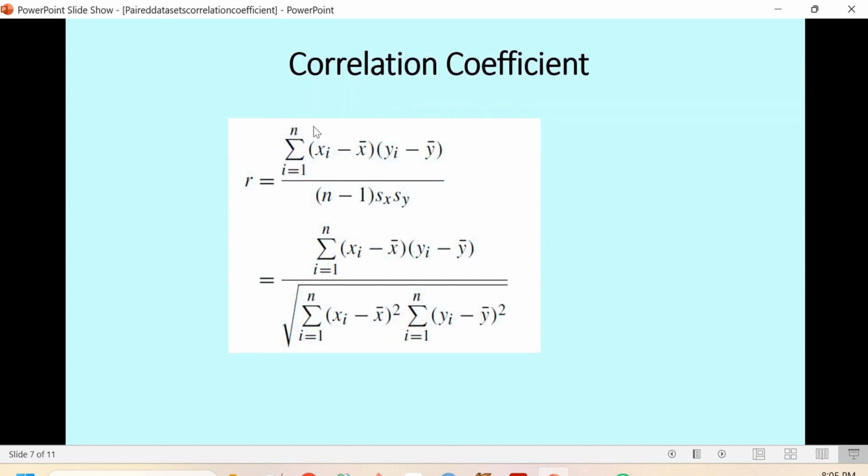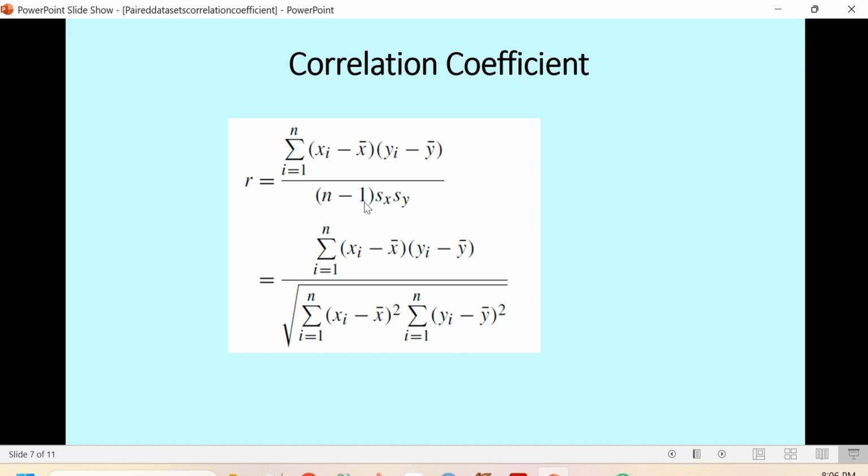So this is the formula for calculating the correlation coefficient from the sample. The numerator is the sum of the products of the deviations of x and y with respect to their corresponding mean values. Then the denominator is n-1. We use n-1 here for the sample correlation coefficient because one degree of freedom is lost when calculating this value.